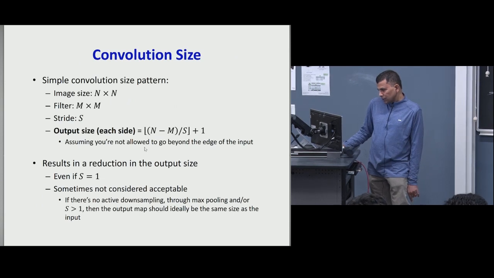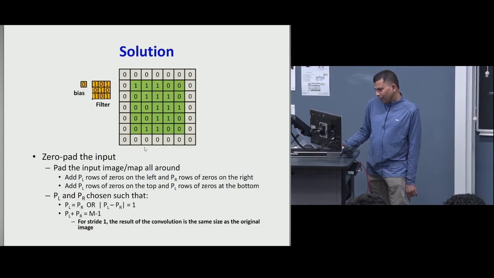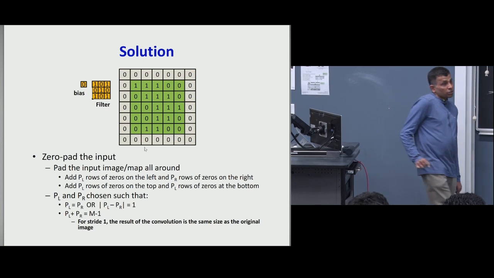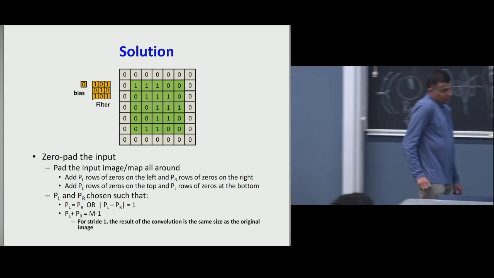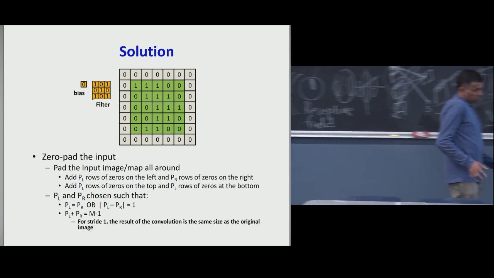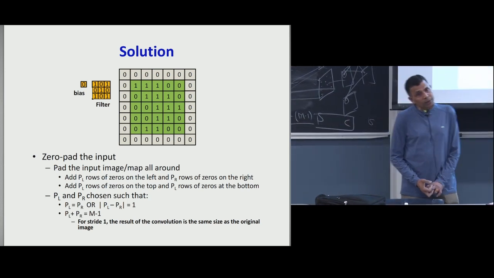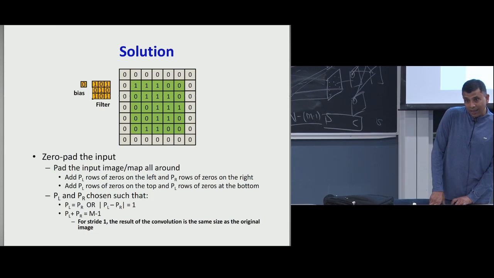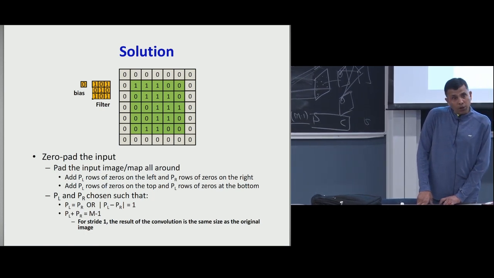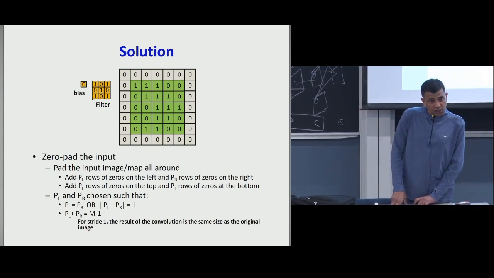Okay. So moving on, sometimes you don't want the image to shrink, for various reasons. Maybe you have the same code occurring again and again. Maybe you want to analyze all the way to the edges. In that case, what would you do? You want to make sure that the image doesn't shrink.